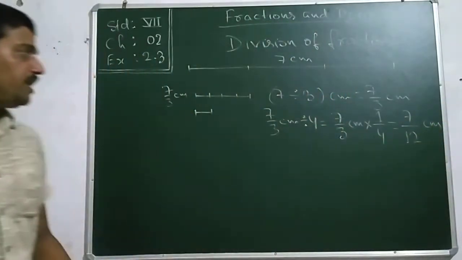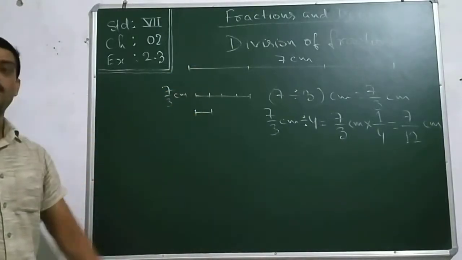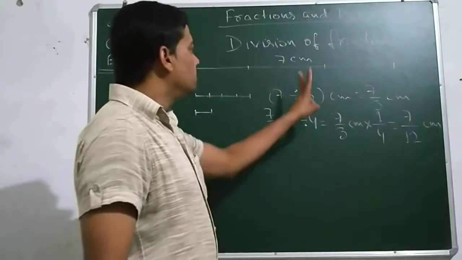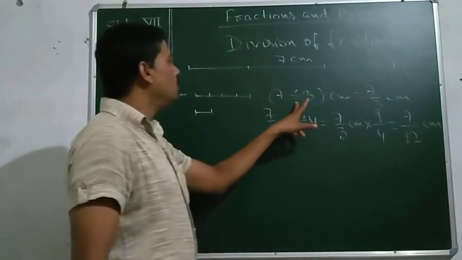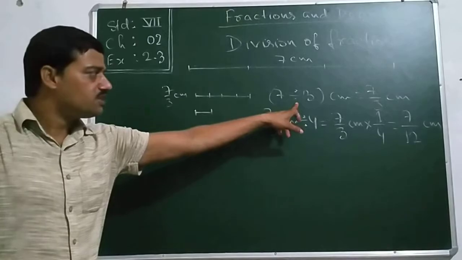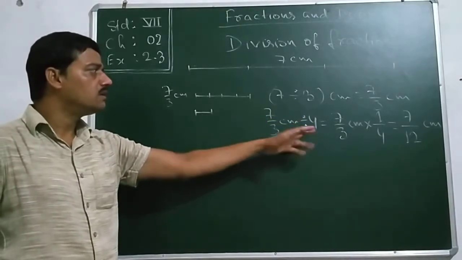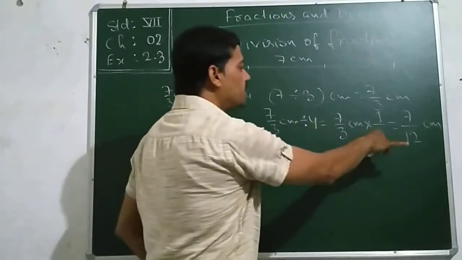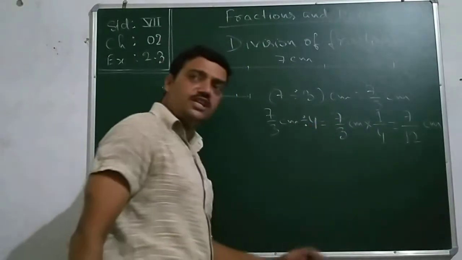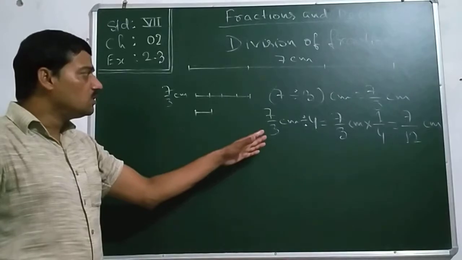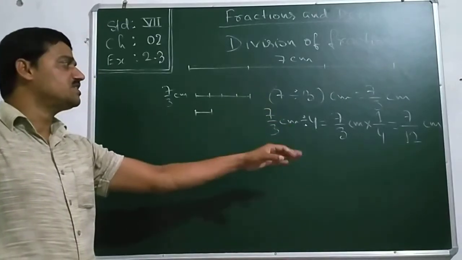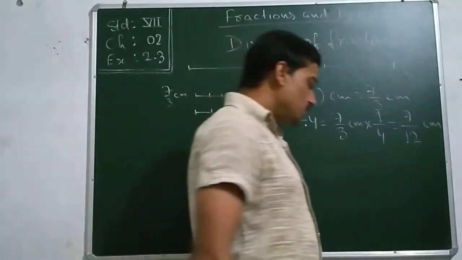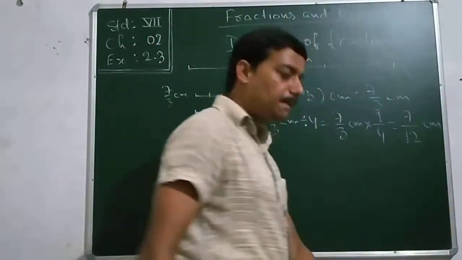In this way we carry on the division of fractions, and clearly it can be said that the division changes to multiplication, because we take the reciprocal of the number which appears after the division sign, that turns into the multiplication.